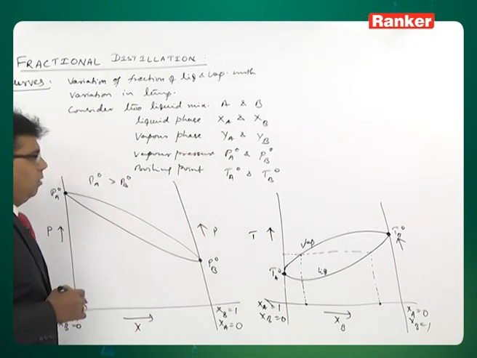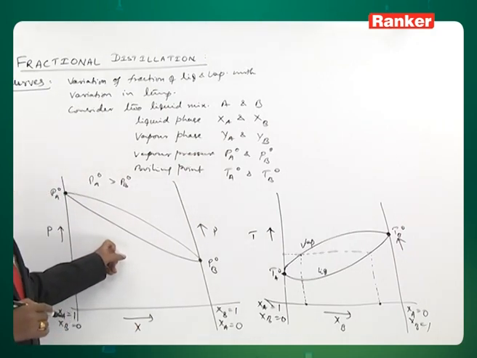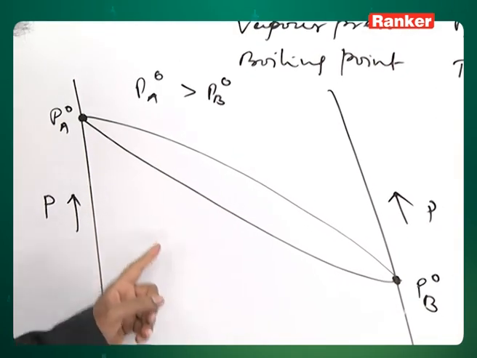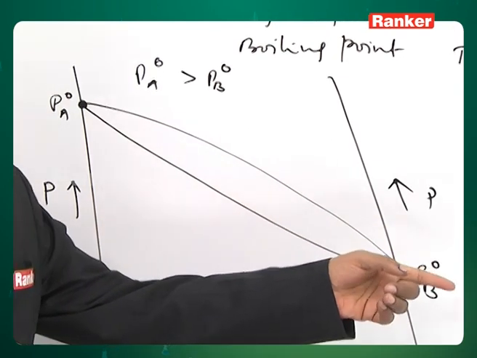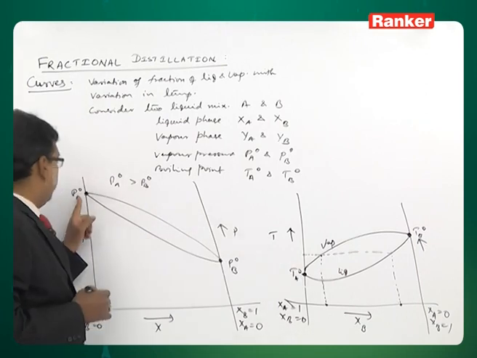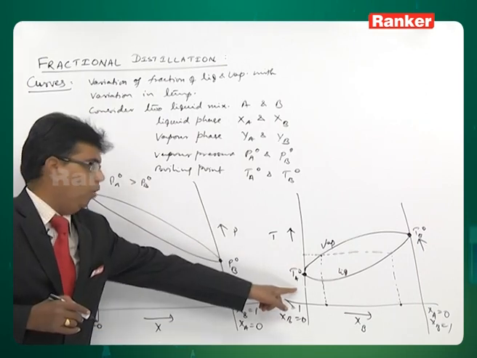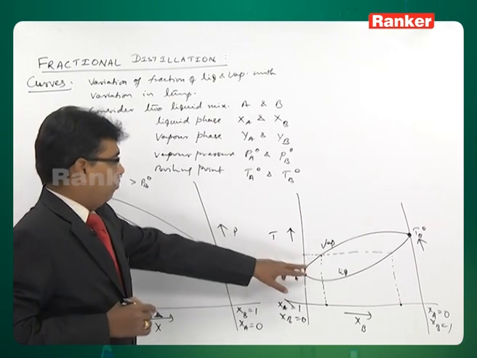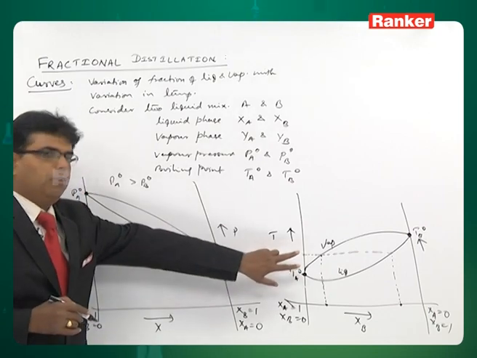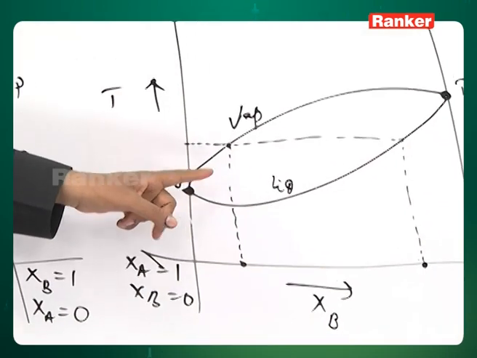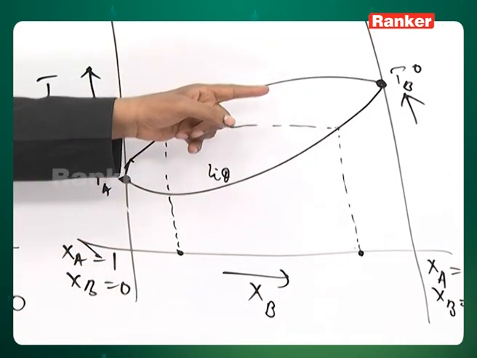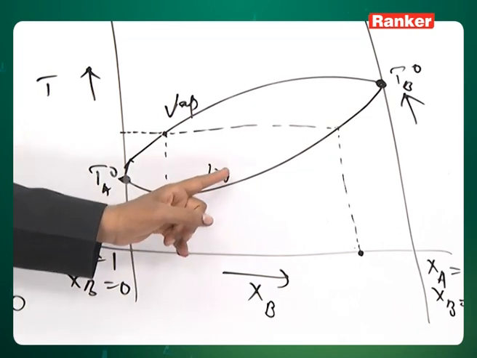Now, coming to this vapor pressure graph, what is happening here is that vapor pressure and boiling point are in inverse relation, as we have already drawn over here. If vapor pressure is high, boiling point will be low. So, with respect to the vapor pressures, the reading should be reversed. Whatever was the vapor phase on the upper curve in the boiling point graph, here the lower curve indicates the vapor phase.